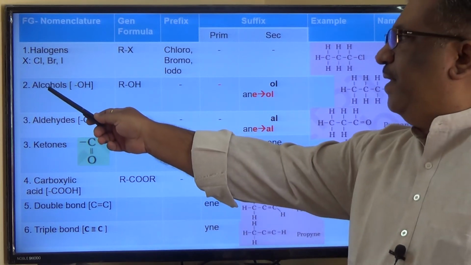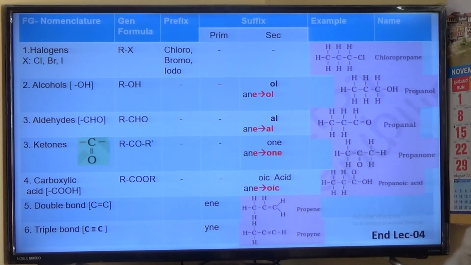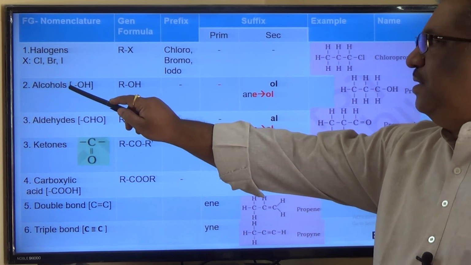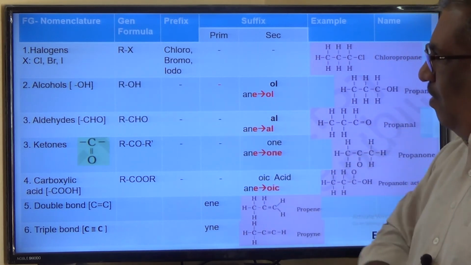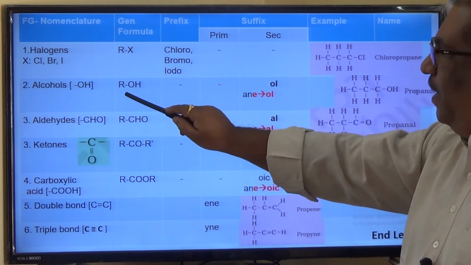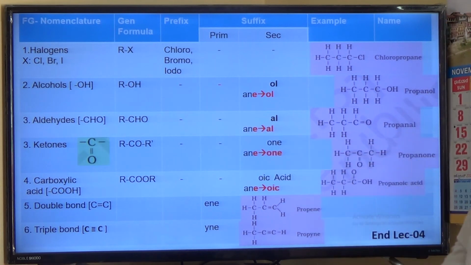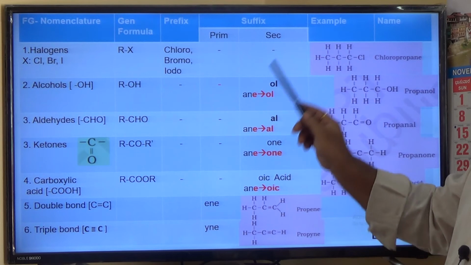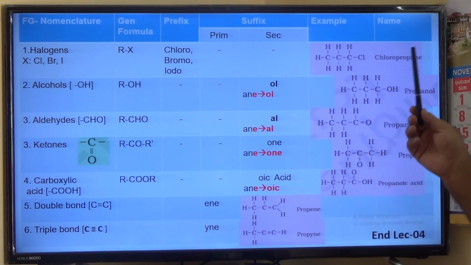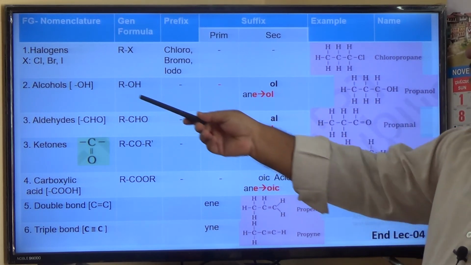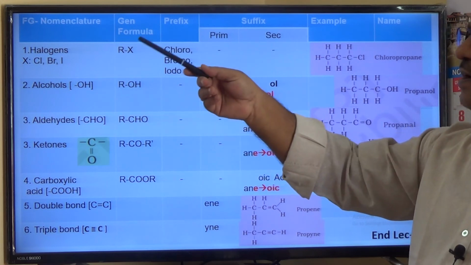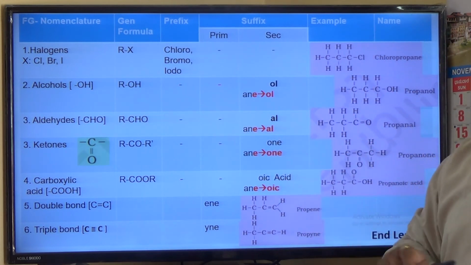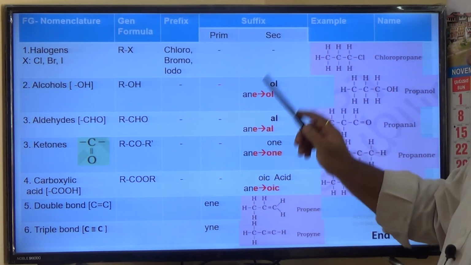Next, if I take alcohols, the hydroxyl group is the representation of the alcohols. General formula is ROH, no prefix, primary suffix ane is already there because, as with pentane, we are replacing hydrogen with these functional groups by taking out one hydrogen atom, and therefore I have already taken alkanes.